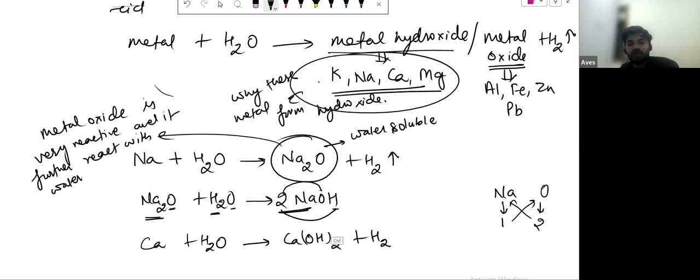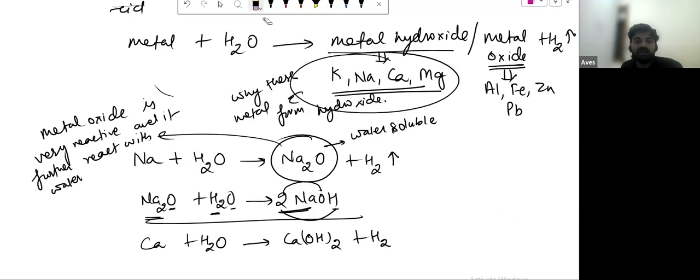Got it? So what is the overall reaction for this one? Actually sodium is reacting, and we don't get this Na2O because it further reacts with water.